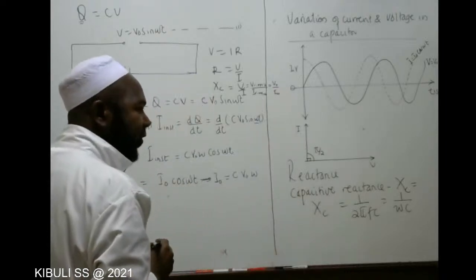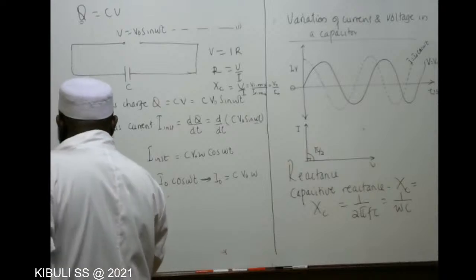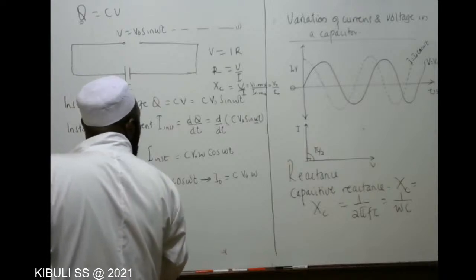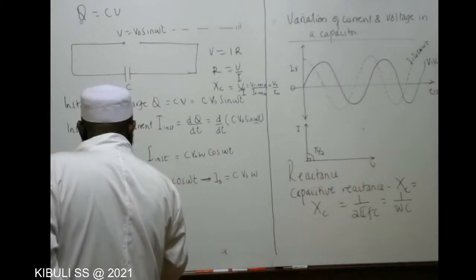So from the definition, capacitive reactance XC is equal to V naught over I naught.